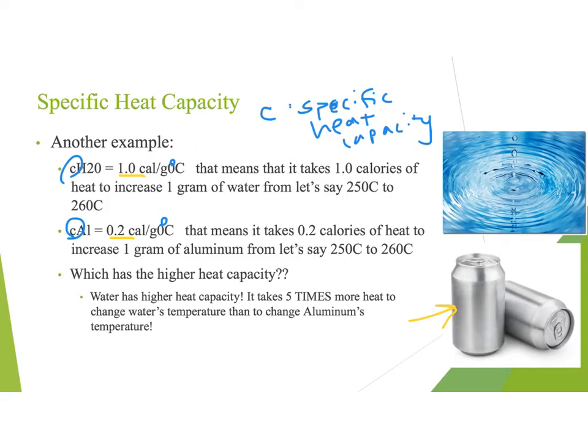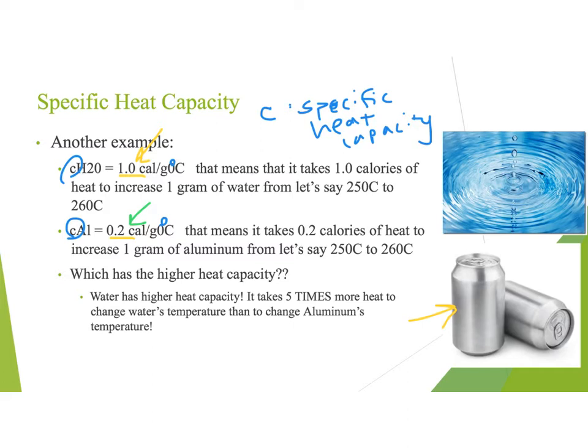So which one has a higher heat capacity? Higher heat capacity is the one that has a bigger number, right? So water is able to hold 1 calorie per gram versus aluminum, which is only able to hold 0.2 calories per gram.